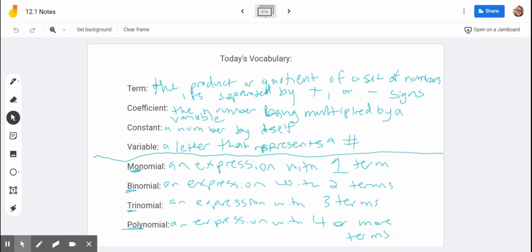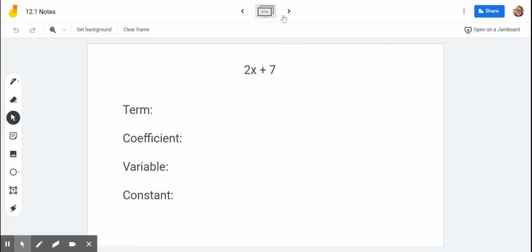We went ahead and defined all of that. We're going to go ahead and talk about how to figure out if something's a binomial, trinomial, etc. And we're going to review how to identify the term, the coefficient, the variable, and the constant. Now here, terms are separated by addition or subtraction. So the first thing I want to do is look for any addition signs or subtraction. So in this case, I have one addition.